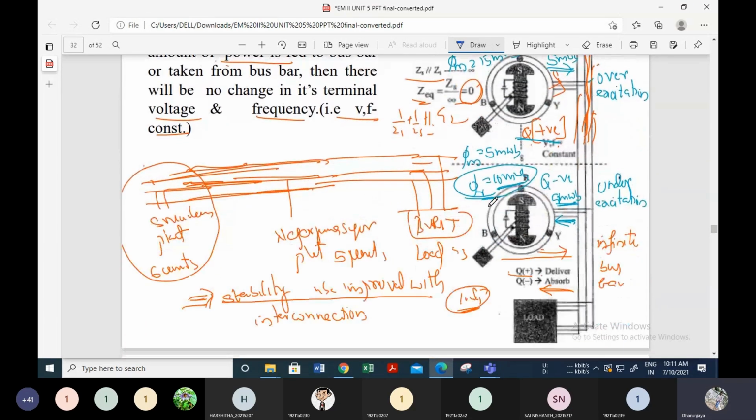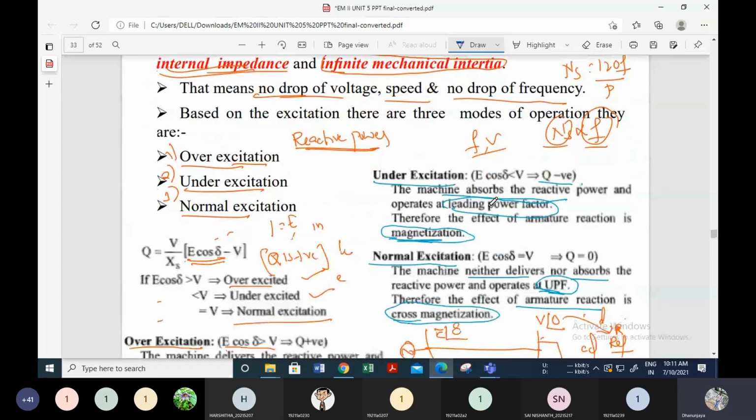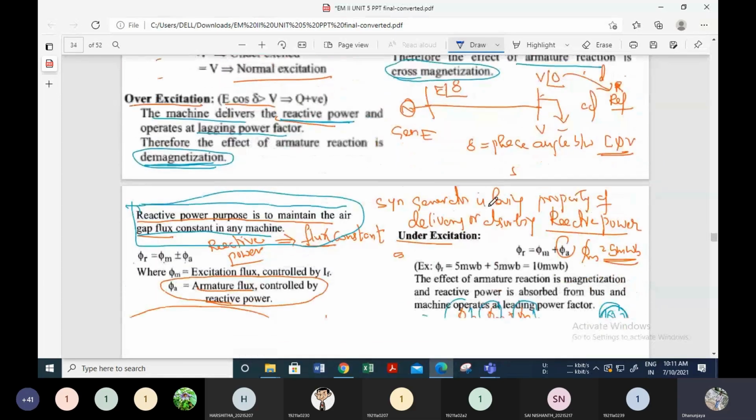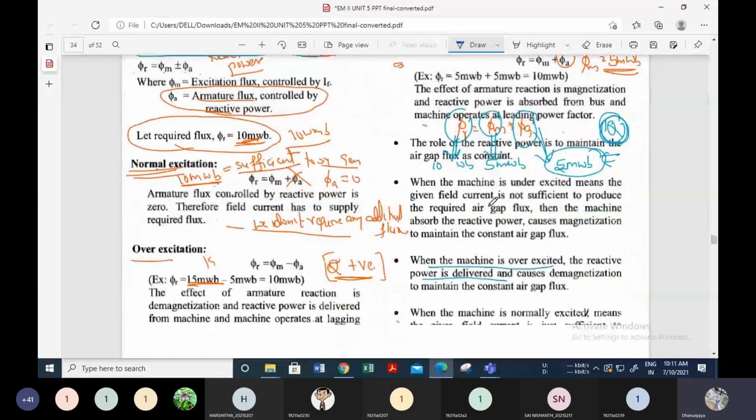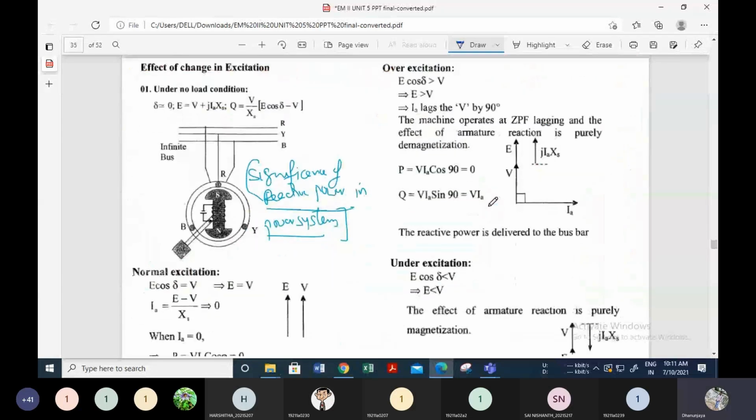So here, the purpose of reactive power in the power system, I would like to add one point. Nearly 80% of loads are inductive in nature.